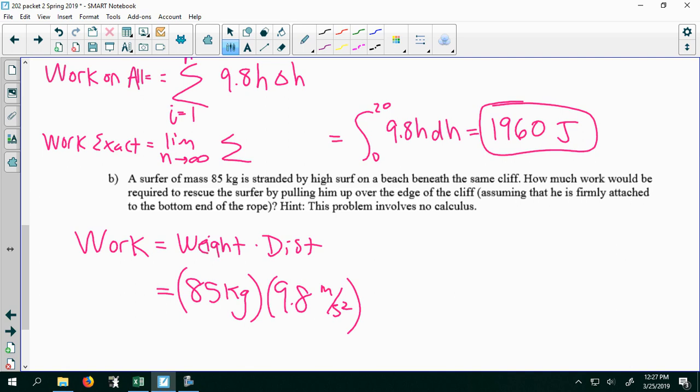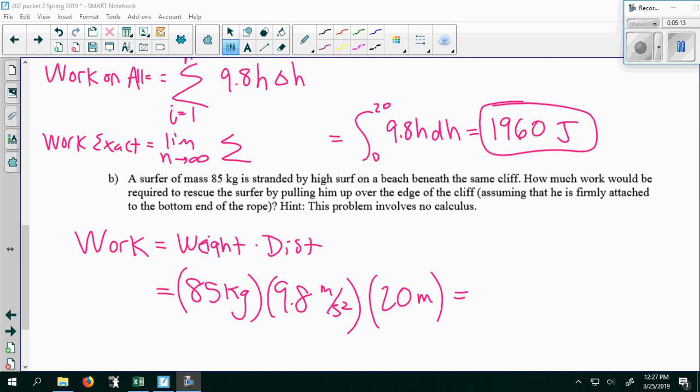Kilograms times meters per second squared is called newtons. And then we have to move him 20 meters. And that comes out to 16,660 joules.